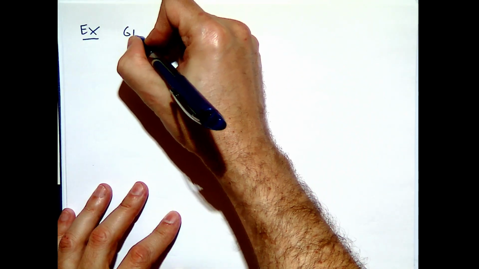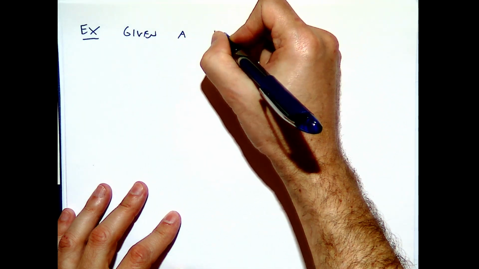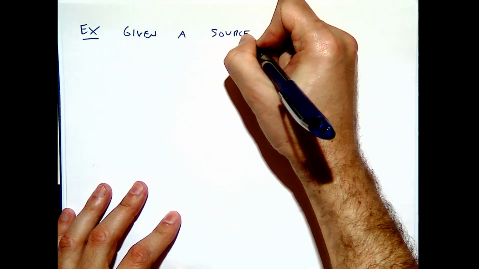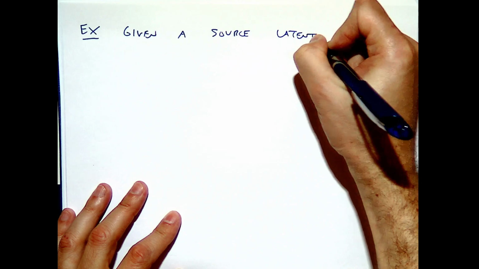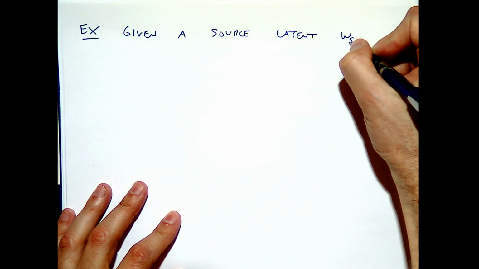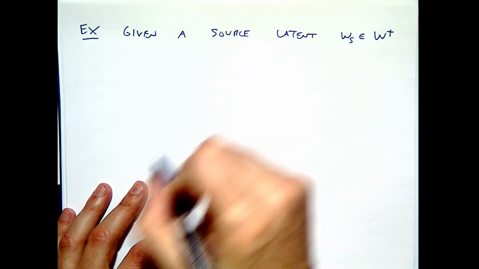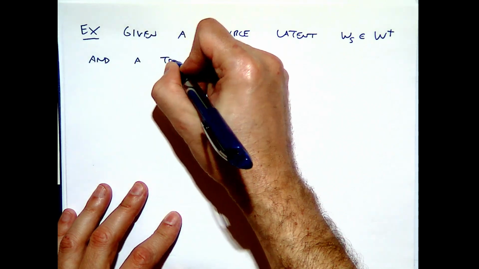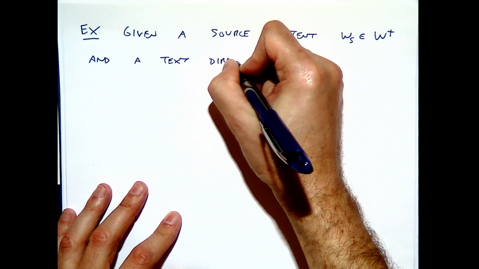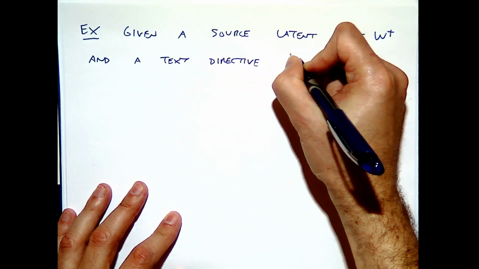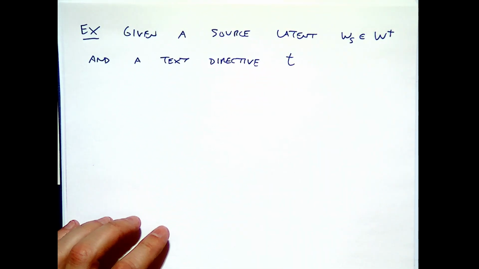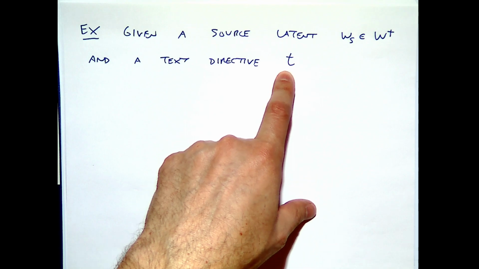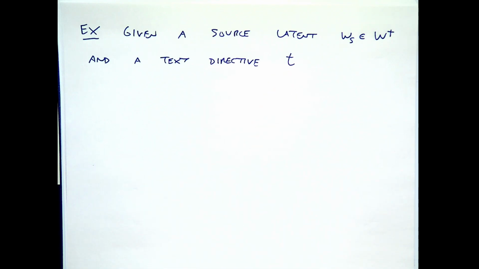One was, given a source image latent code, let's call it WS, in this generalized W plus space, and a text directive T. And this text directive is just a natural language, like, man with red hair, for example.